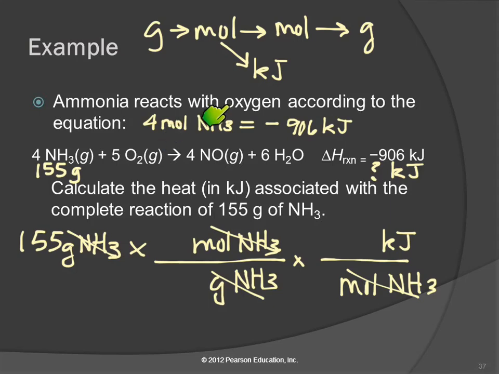So let's use our new one here first. 4 moles of ammonia results in 906 kilojoules of energy. So then over here, in front of kilojoules, we'll put the minus 906. Don't be afraid of the minus sign. It'll be okay. And how many moles of ammonia? 4. Because in each of these terms, what's on the top is equal to what's on the bottom.